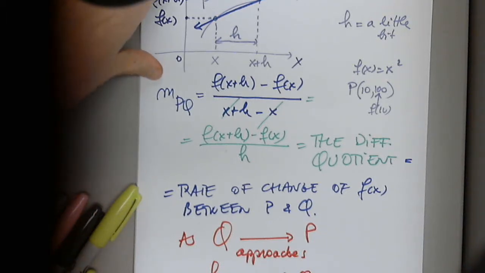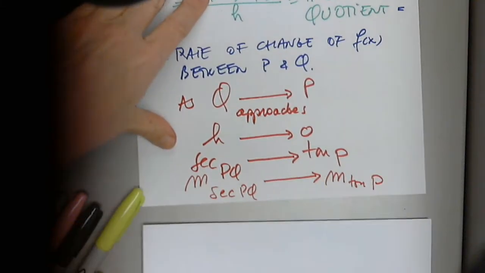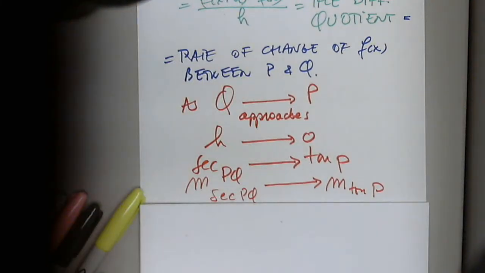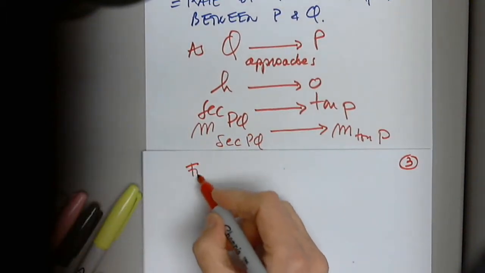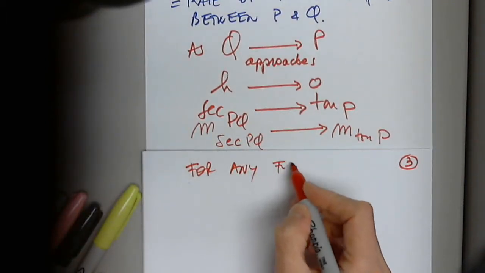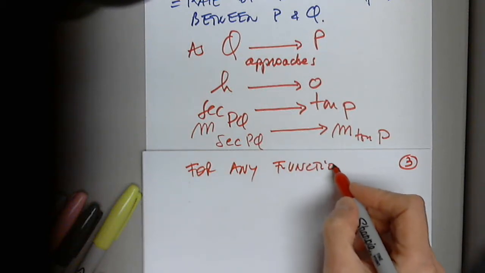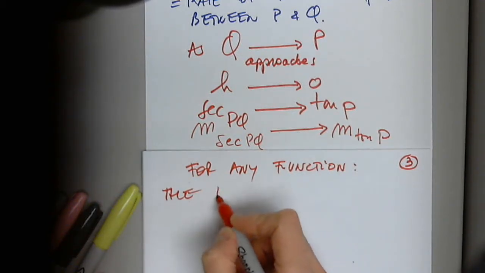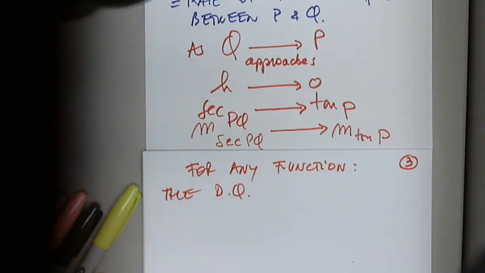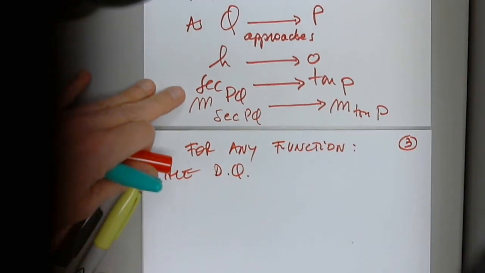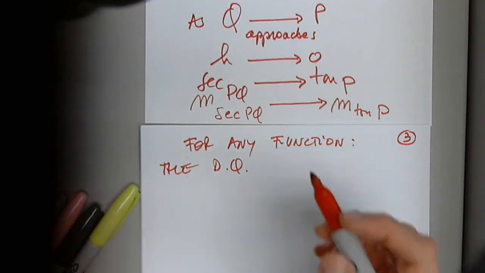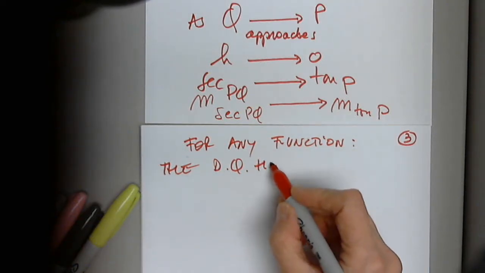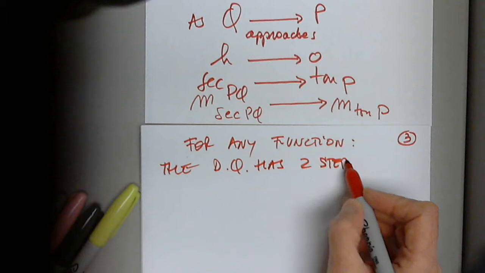For any function, and we will choose a couple, the difference quotient, DQ, has two steps.